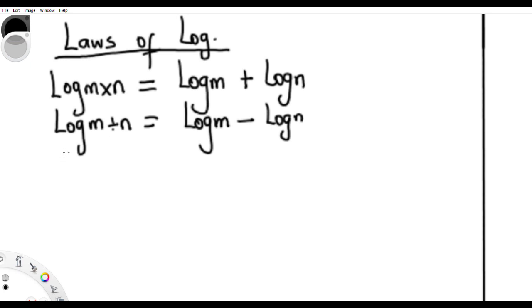Okay, we also have log n to any base raised to the power of a, and it gives us the power comes forward to become a log n to that base.